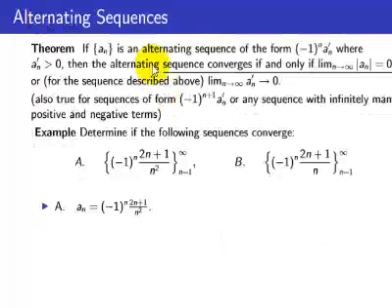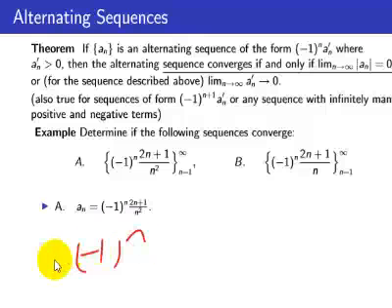So now we are going to talk about alternating sequences. In my lecture, I talked about alternating sequences. For instance, if you have negative 1 to the power n, this sequence is an alternating sequence.